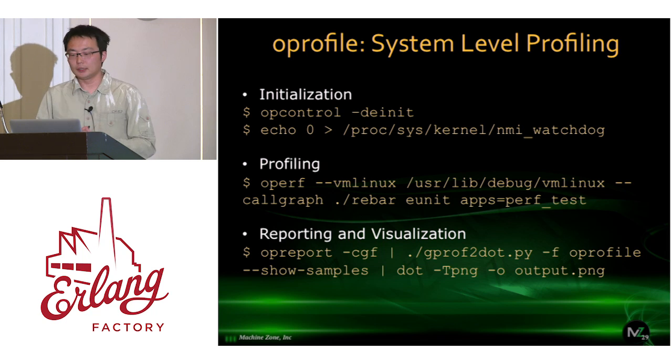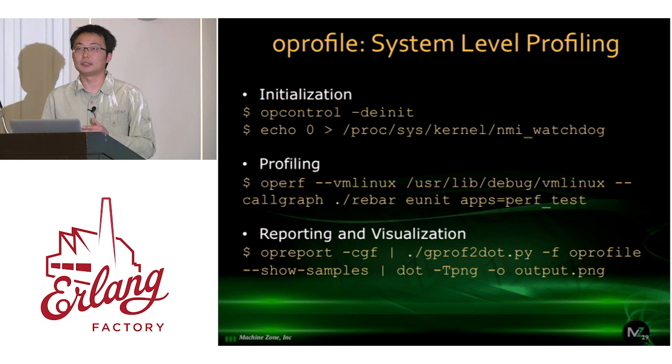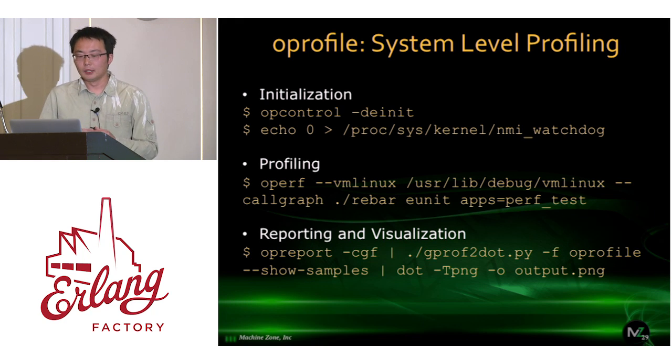Last but not least, we use system level profiling. Here we use oprofile. I think there are also other tools like perf. The reason we use this is that we have some NIF functions in our system, and sometimes we want to go to a deeper level to understand what's going on inside the NIF.